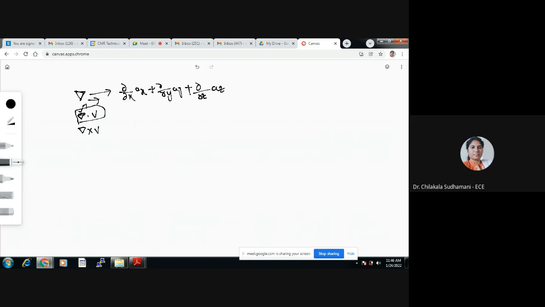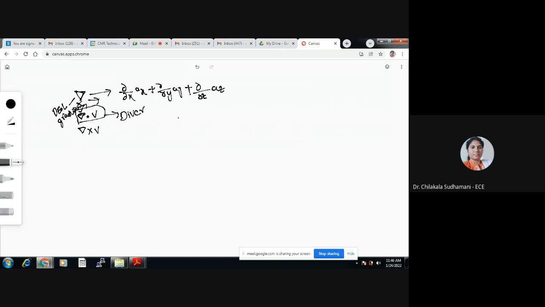Now, where am I going to use it and how am I going to use it? This is del. We can say the name of this symbol is del or gradient. Both. It is named as del or gradient. Del dot D gives the divergence of a vector. Divergence means how it is distributed throughout the field.